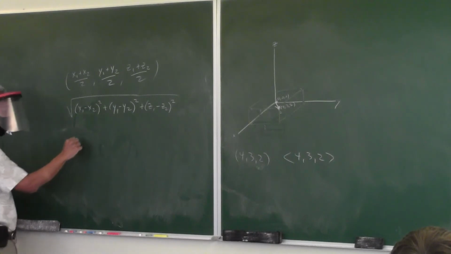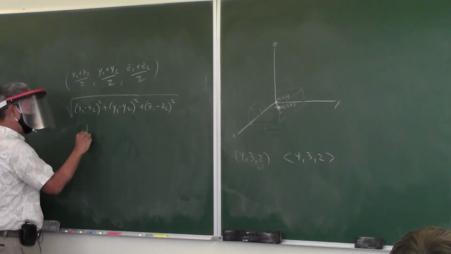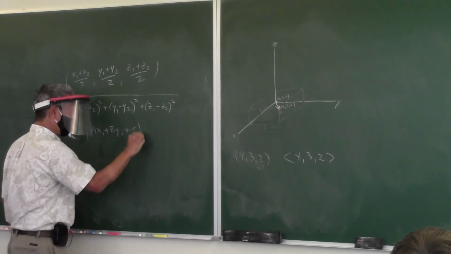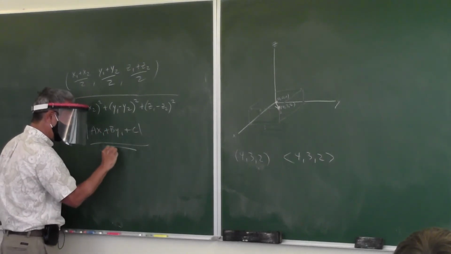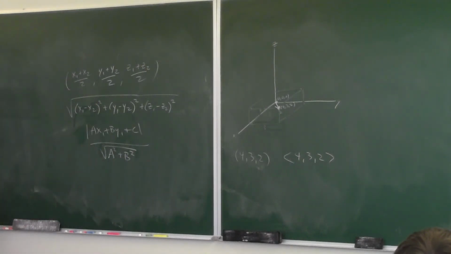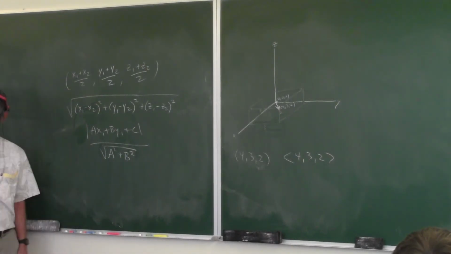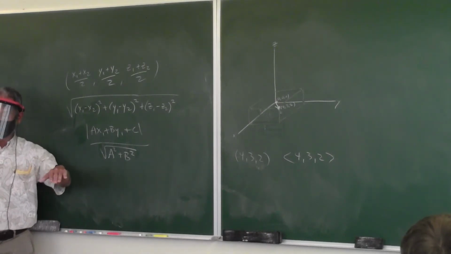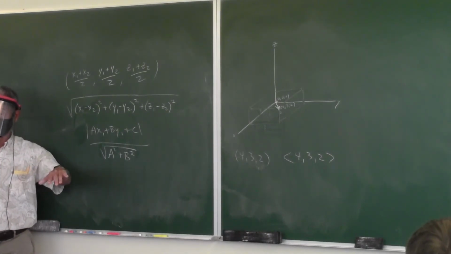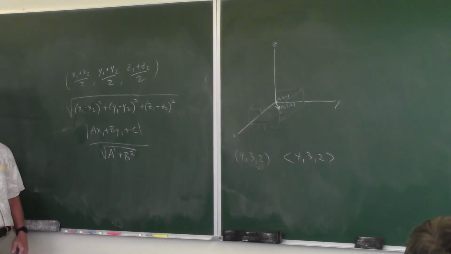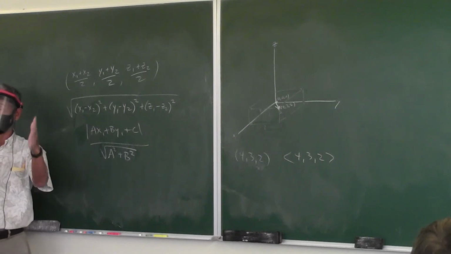Okay, what about this formula? Oh, I'm not going to even tell you what it is. We used it last chapter. It's going to come up again in this chapter. What do we use this for? The distance between a point and a line in the Cartesian plane. So how do you think I'm going to find the distance between a point and a plane in 3 dimensions?